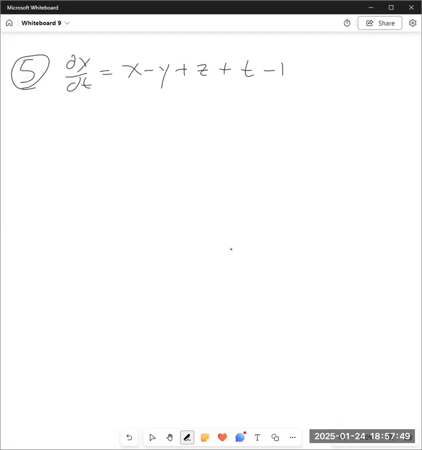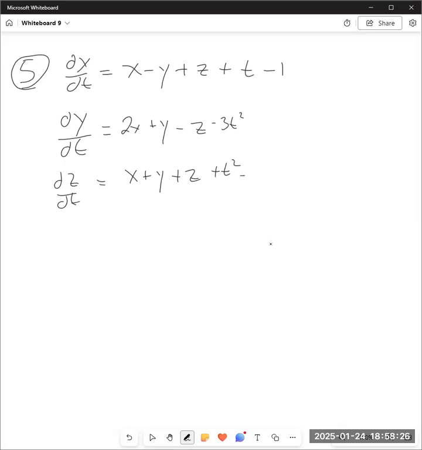So these t's are going to be extra things that need to be added on at the end. dy/dt is equal to 2x plus y minus z, and then minus 3t squared, and dz/dt is equal to x plus y plus z plus t squared minus t plus 2.